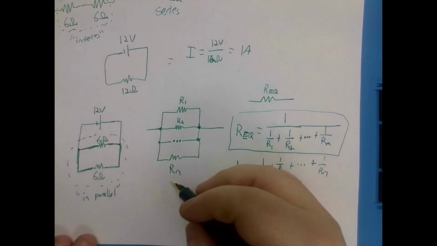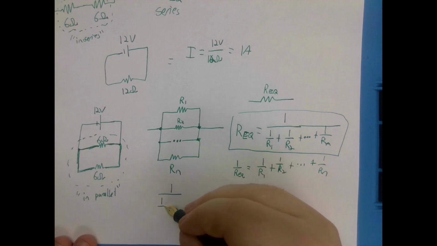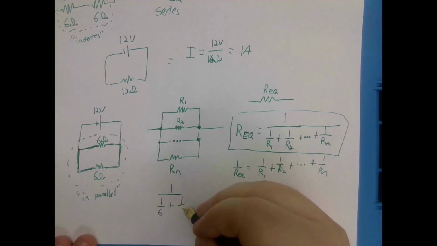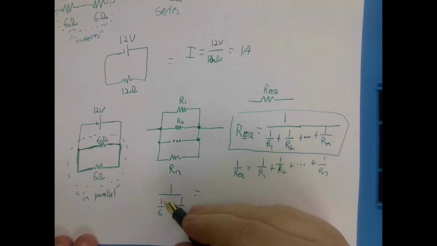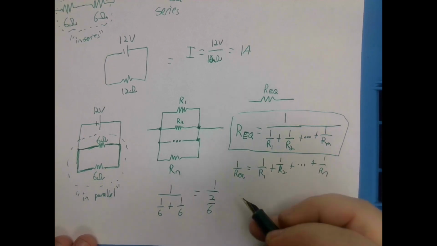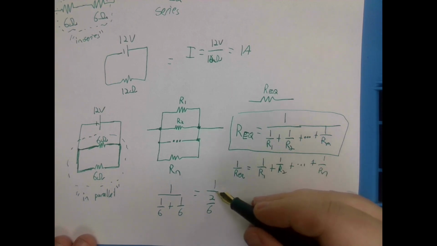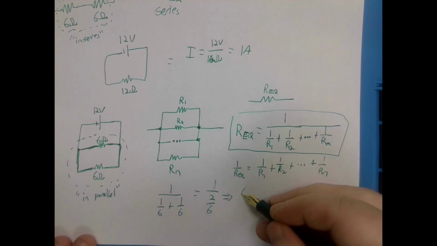So these two resistors have an equivalent resistance of 1 over 6 plus 1 over 6. 1 over 6 and 1 over 6 gives you 1 over 2/6. Dividing by the fraction is the same thing as multiplying by the reciprocal, so 1 times 6 over 2.